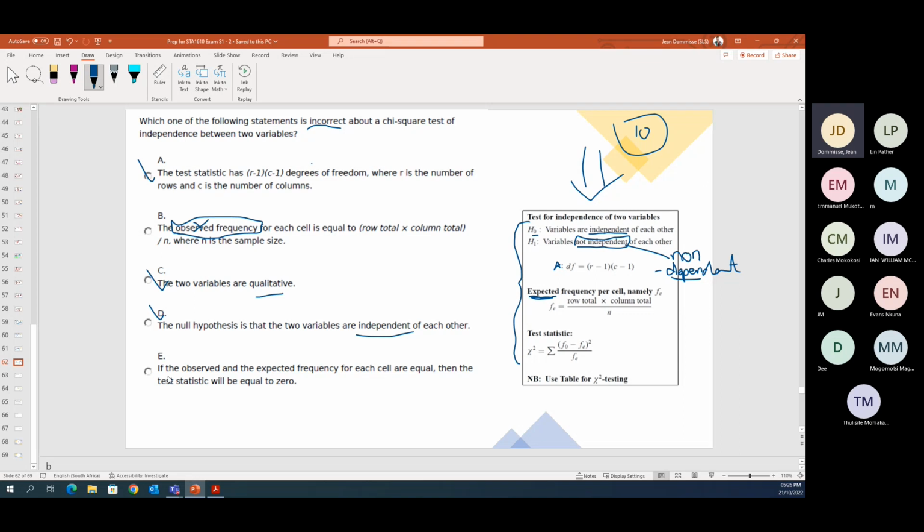Okay, and then the last one: if the observed and the expected frequency for each cell are equal, then the t-stat will be equal to 0. So if the frequency of observed and the frequency of expected is equal, that will be 0. 0 to the power of 2 stays 0.